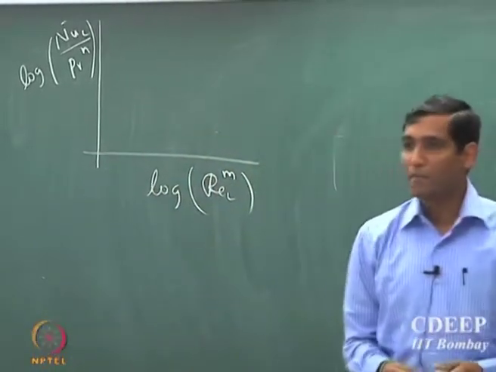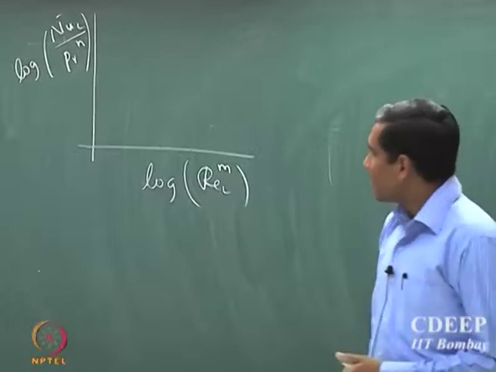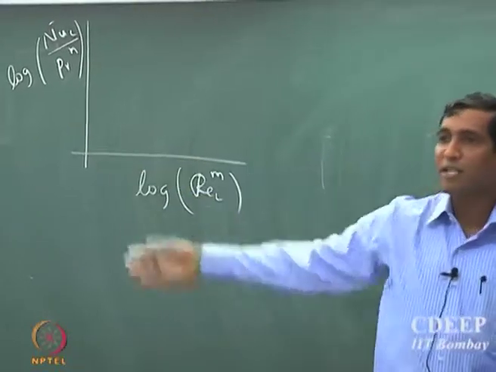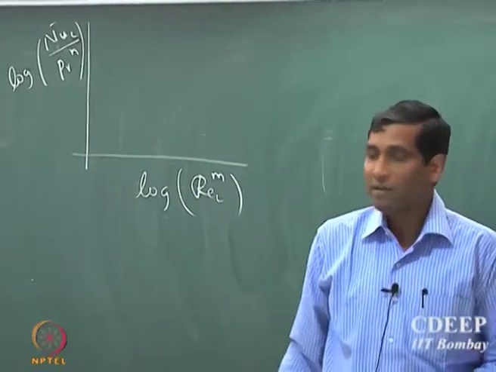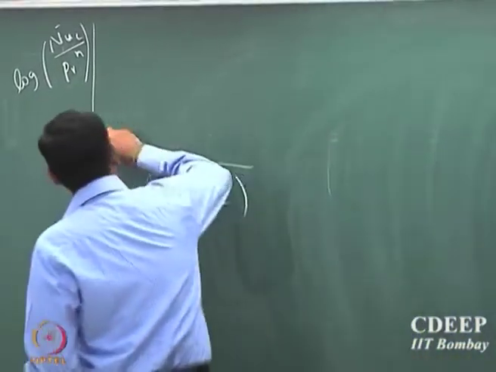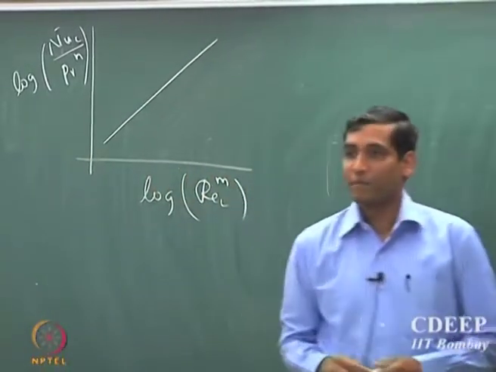Because they got some insight from the Chilton-Colburn analogy, they made a plot of this sort, and you get a straight line relationship.